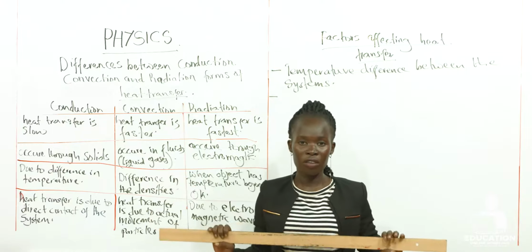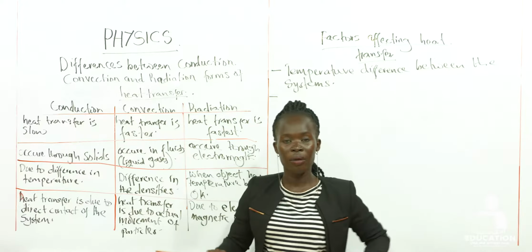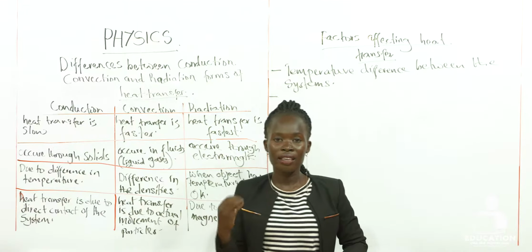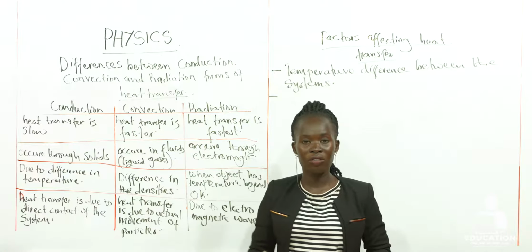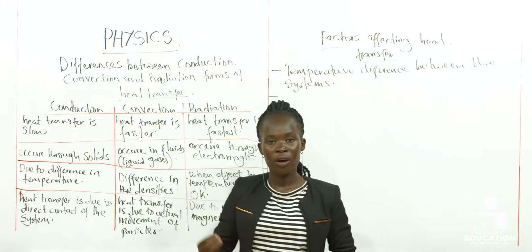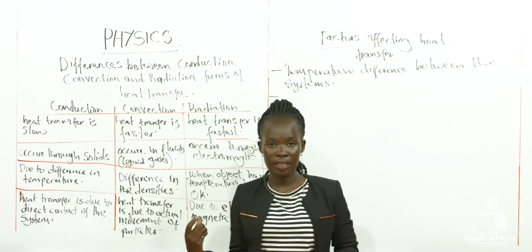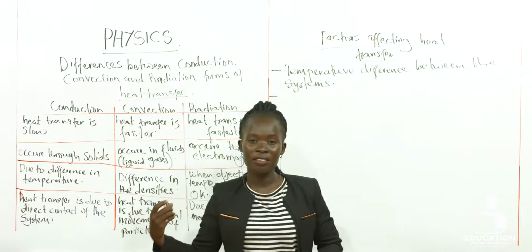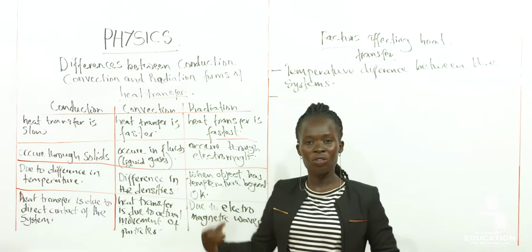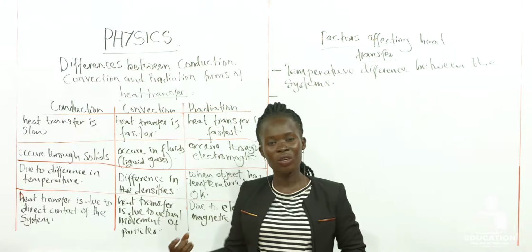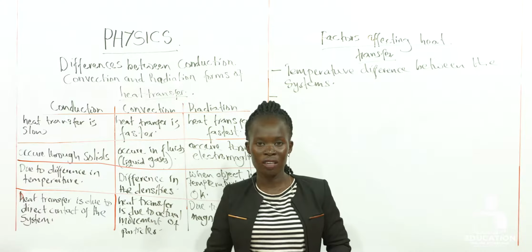There is an opposing force that they will meet. This opposing force is known as the thermal resistance in heat. So what are those things that actually cause that resistance?